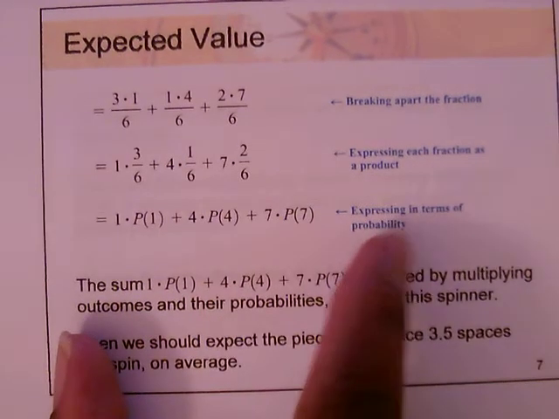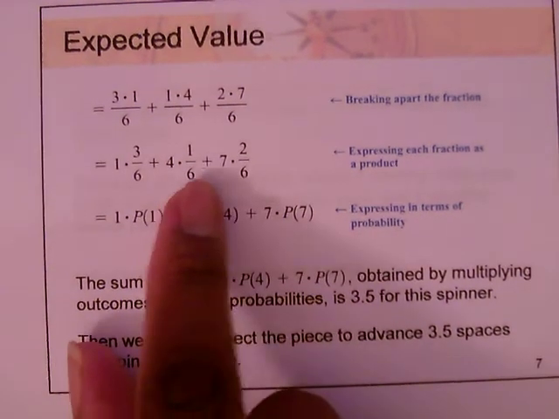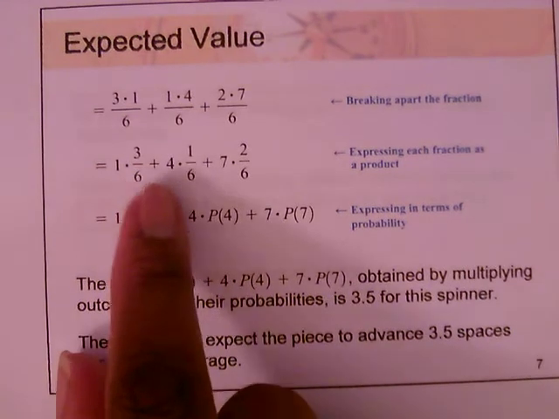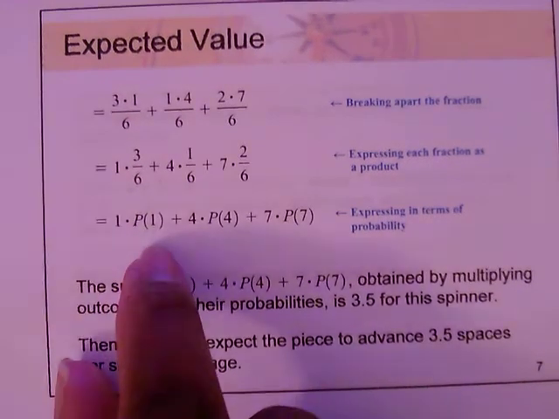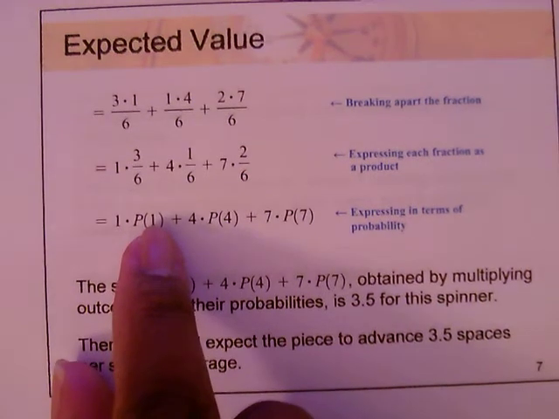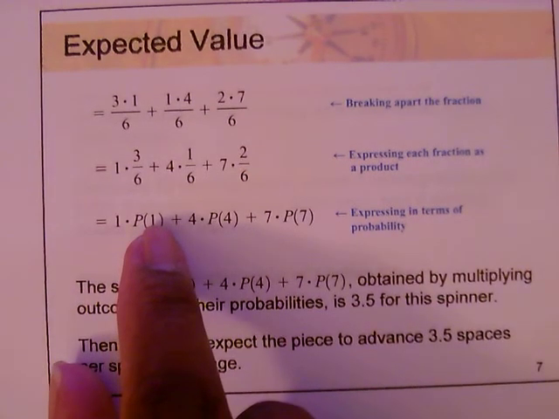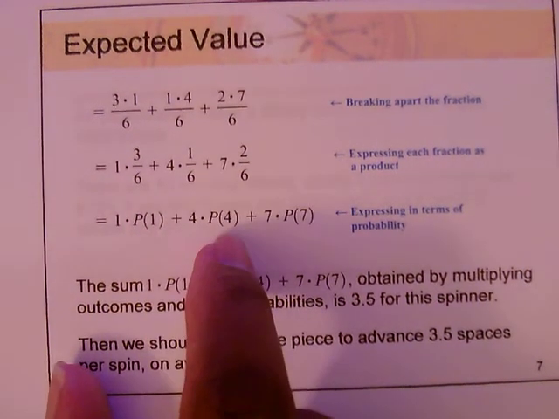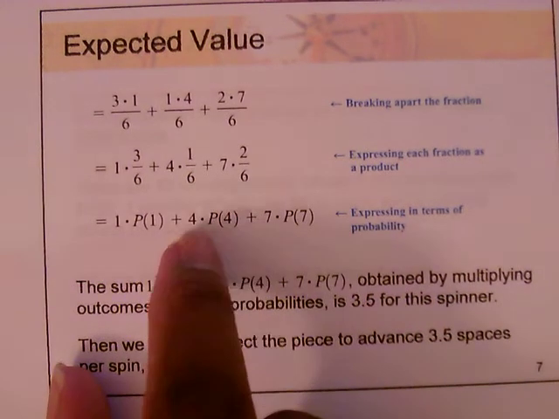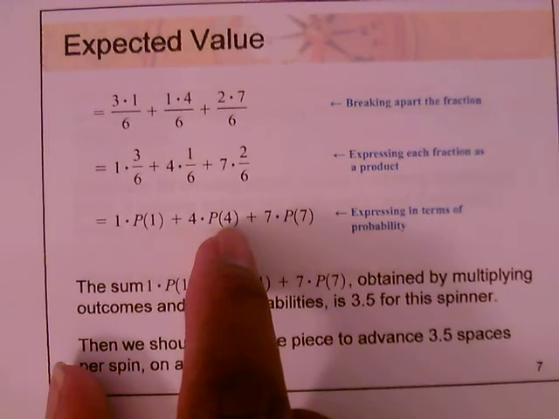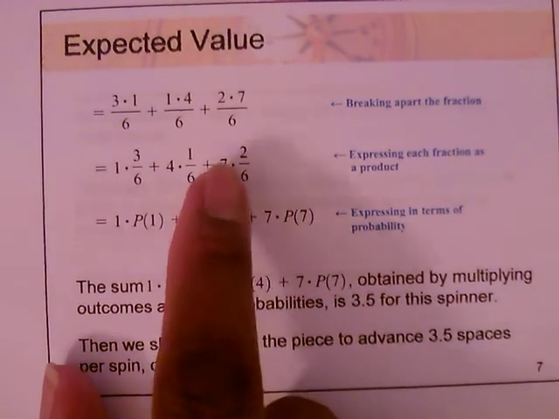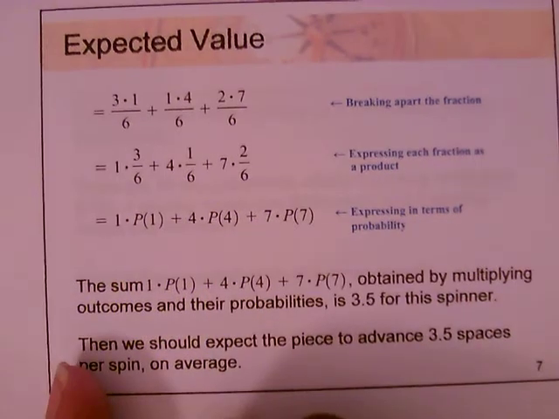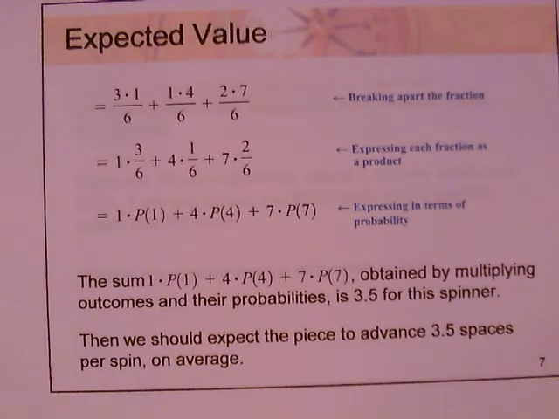And then express this as a probability. Here, that 3/6 represents the probability of getting a 1 on the spinner, so that's 1 times the probability of getting a 1. This 1/6 represents the probability of getting a 4, so that's 4 times the probability of getting a 4. And the 2/6 represents the probability of obtaining a 7, so this is 7 times the probability of obtaining a 7.